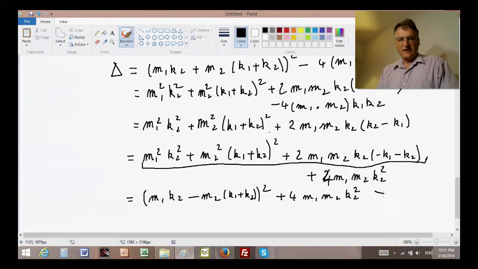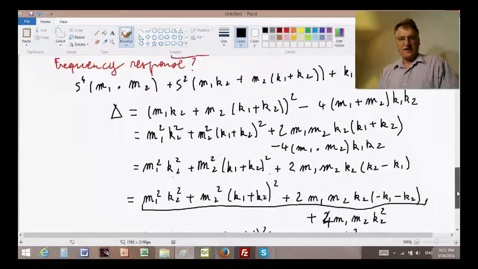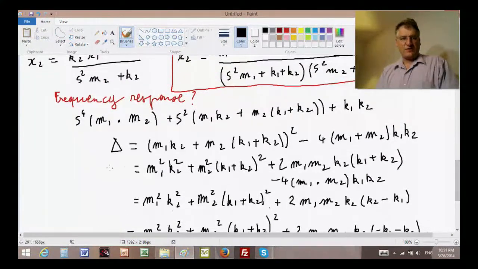That is necessarily positive. Therefore, our discriminant delta is always positive.